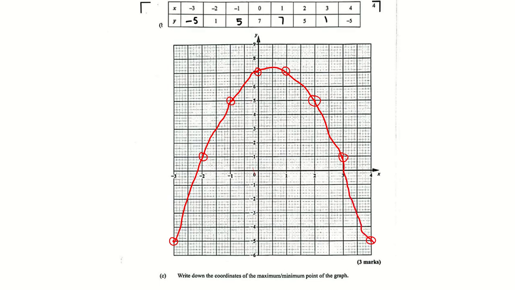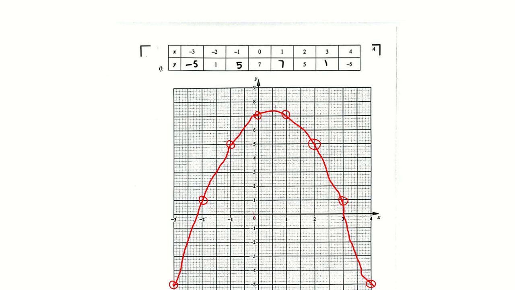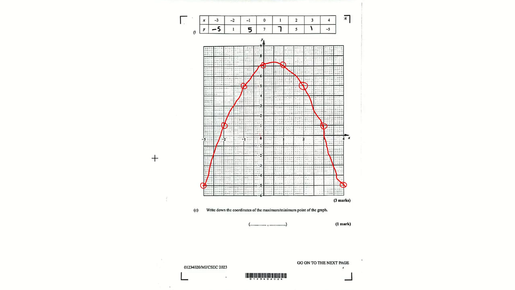Something along those lines. But it must be a smooth line, not like how I drew it. Then they say write down the coordinates of your minimum or maximum point. Because the x squared term is negative, this would be a rounded shape. You can check it just to be sure.